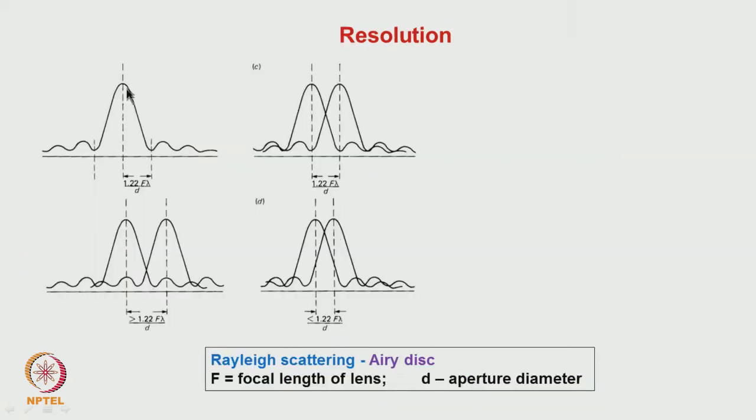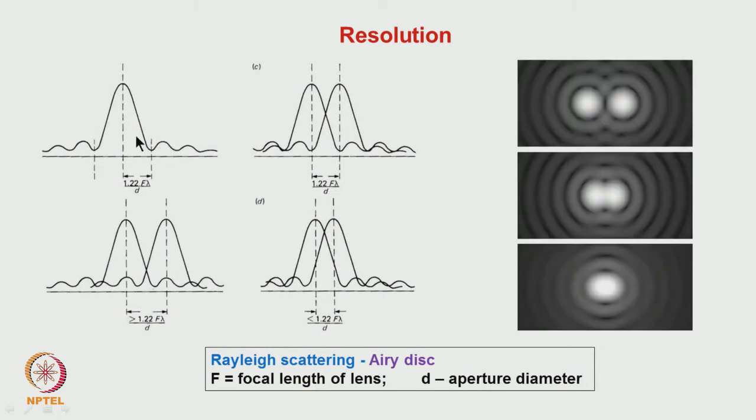Here what I have shown is the case when only one object is considered, one light source, which is an incoherent source. This is the way the image appears for an aperture whose size is of the same order as the wavelength of the radiation, or close to it.